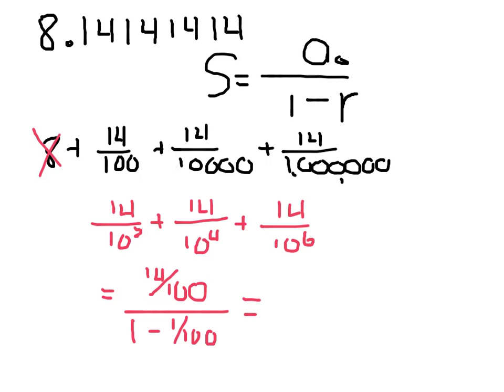And if I simplify that, that's 14 over 100 over 99 over 100, which simplifies to 14 over 99.